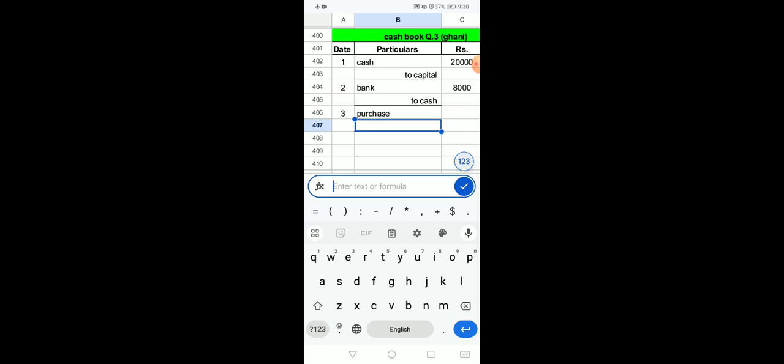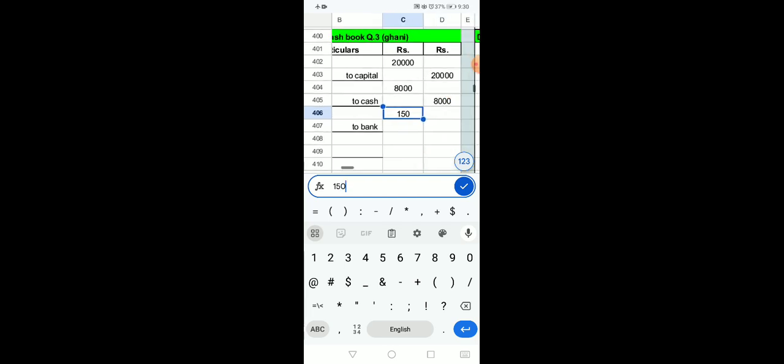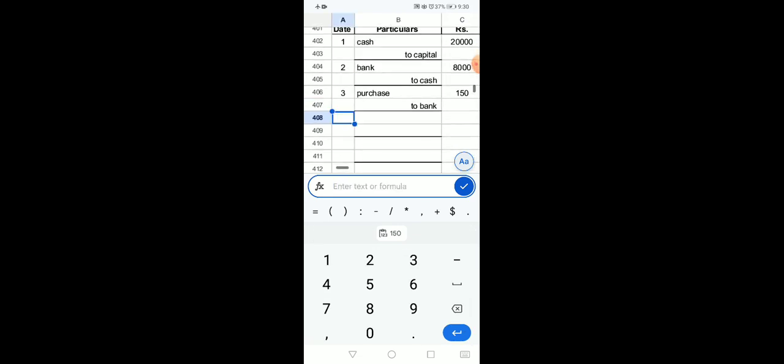What will happen? The amount present in your bank account would be decreased. Bank is your asset, and a decrease in asset should be mentioned on the credit side, so you will mention the name of the bank on the credit side. Entry number 3 has 150 rupees, so you will write 150 on the debit side, and the same amount on the credit side. Entry number 3 is completed.